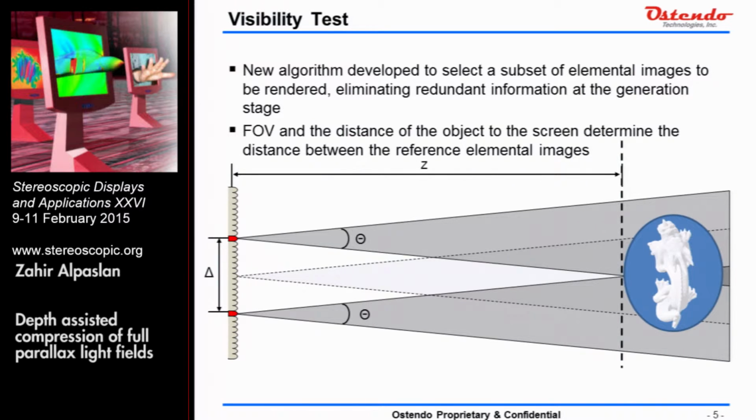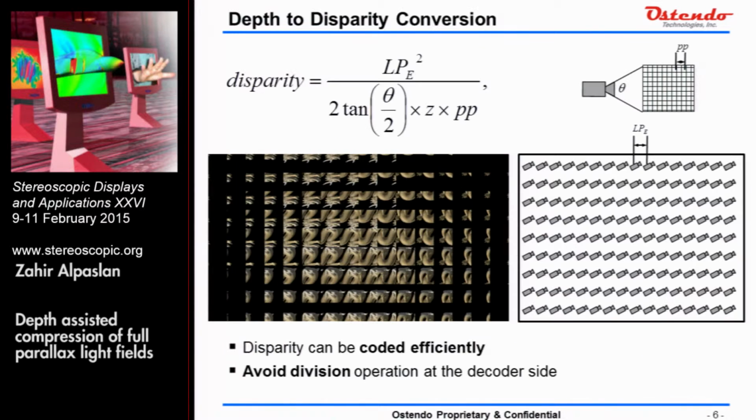The idea is to choose the reference images spread apart enough so that their field of view covers the entire object. With those minimal sets of images, we are able to render all the other images in between, because all the texture is going to be present in those complementary elemental images.